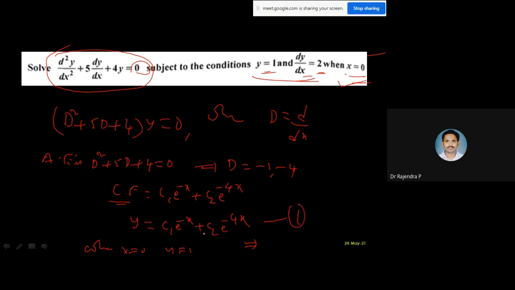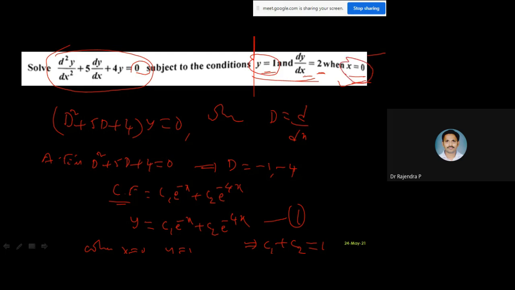What are you getting? c1, e power 0 is 1, right? c1 plus c2, and at that time the y value is 1. Do you understand? That is one condition: y is equal to 1 when x is equal to 0.